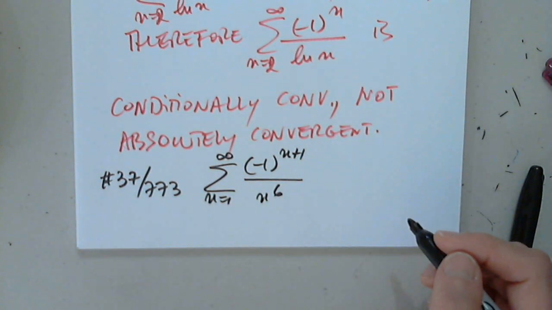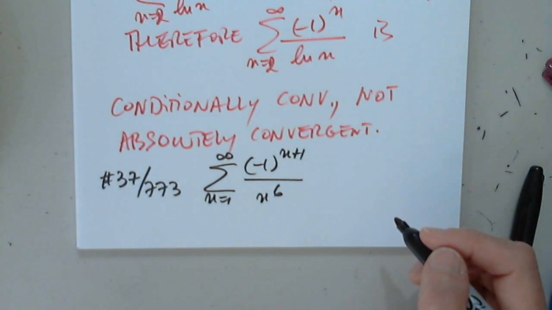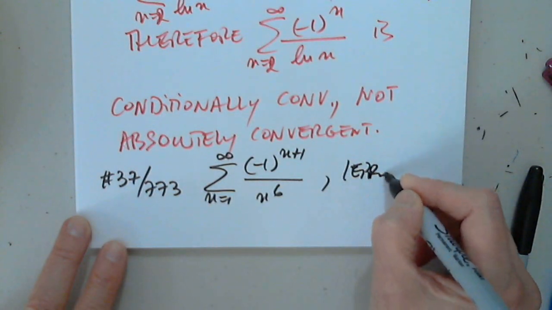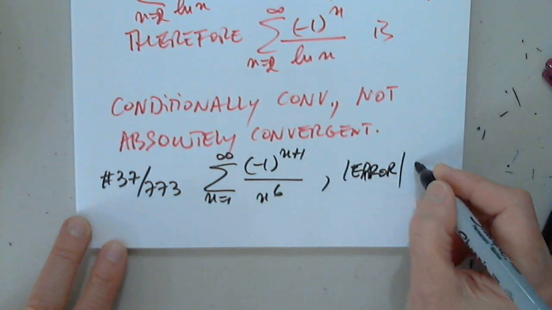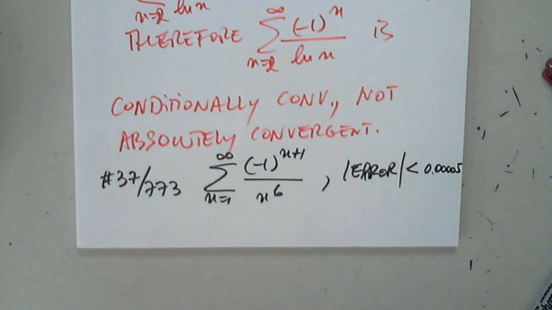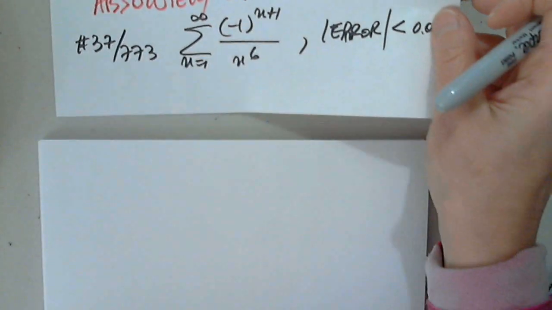And then, how many terms of the series do we need to add in order to find the sum to the indicated accuracy? So we want the error to be less than 0.00005.